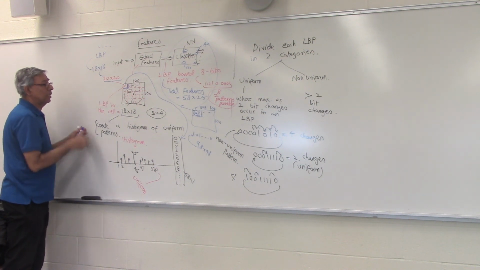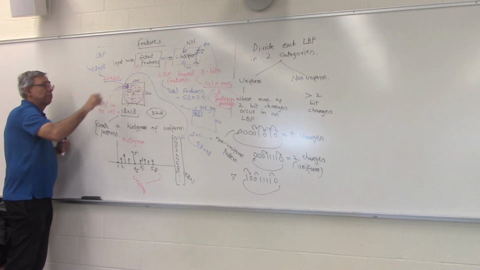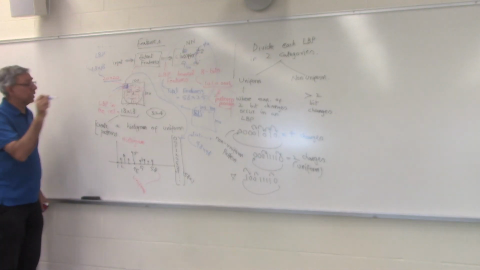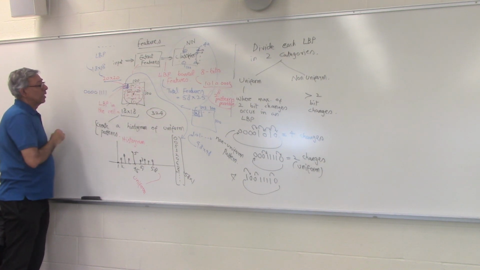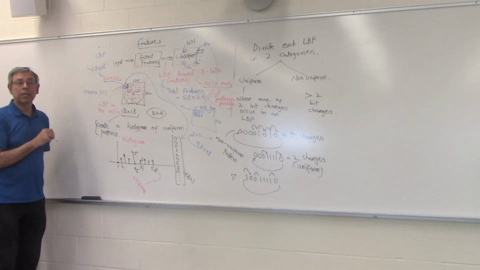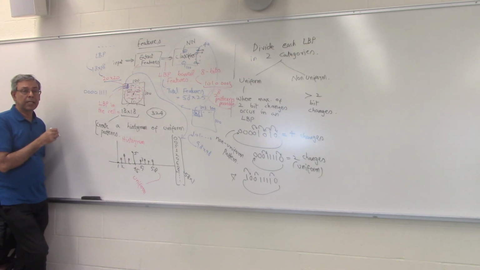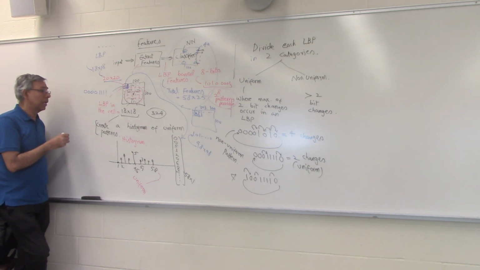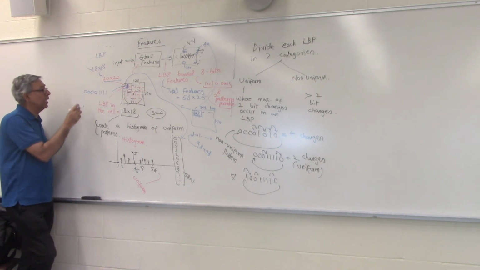Suppose you put a 3 by 3 window somewhere in the middle. You compare the center pixel with everybody else, and you came up with this answer. Is this uniform or is it not? Here it is uniform. How many changes? 2. And what's the value? 15 as an example, right?